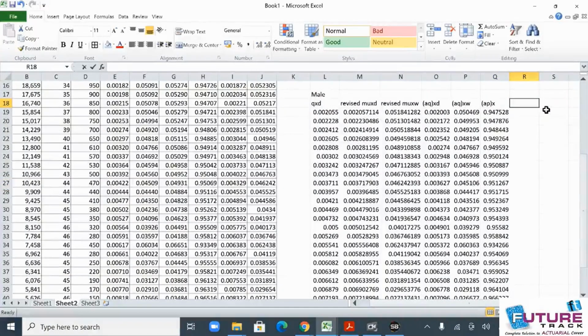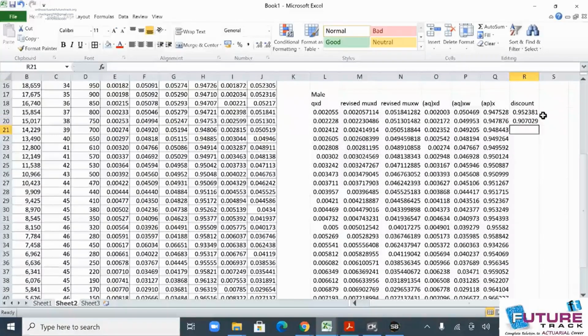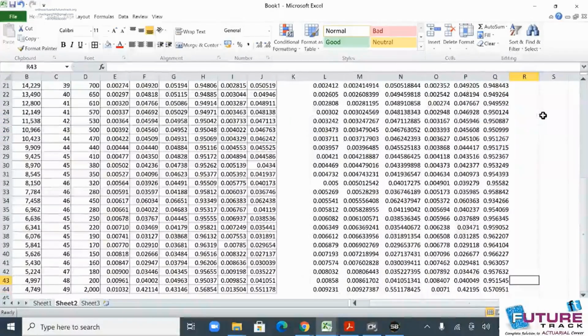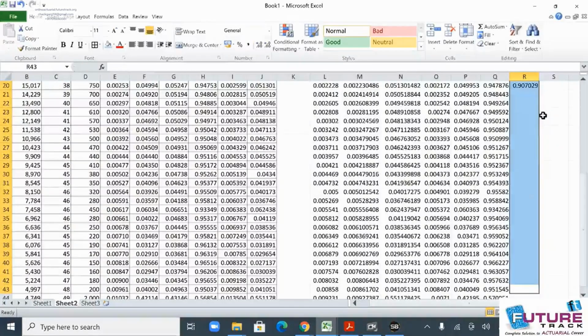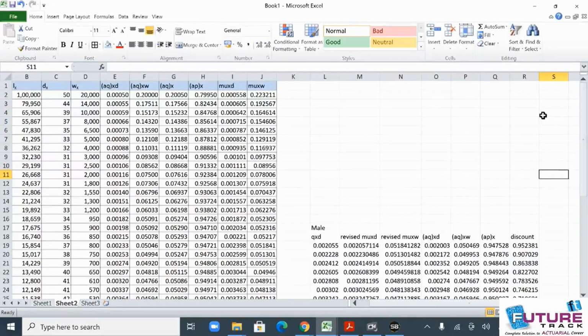So class, first let's find out the discount factor, that is v. We have already taken v in the above value. So class, we have to take till 59, right? Now the EPV will be what, class?